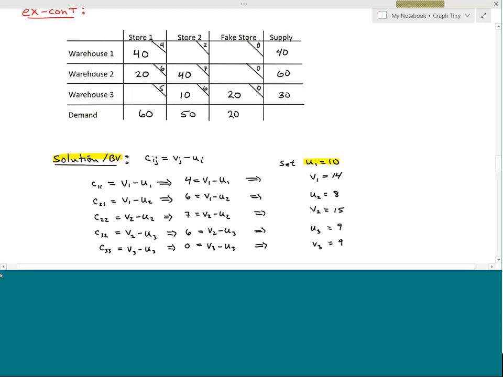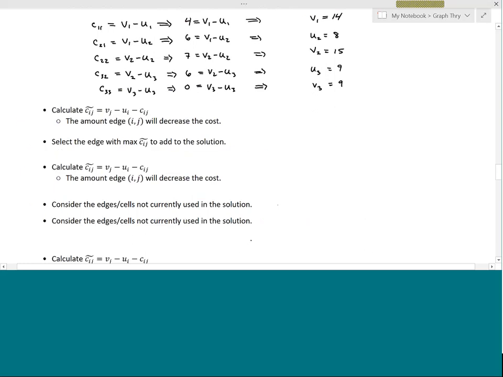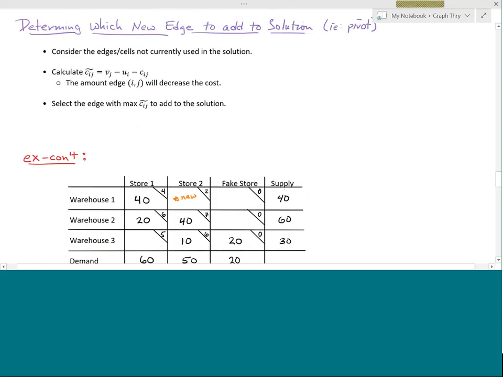Okay? We then solve for all of the u's and v's, and once you have the initial U1 equaling 10, you will be able to solve for everybody else as long as you actually have a solution. As long as you have an underlying tree in the bipartite graph, you'll be able to solve for all of these. Okay? Now, what did we do with them? We then said how to determine which new edge to add to the solution.